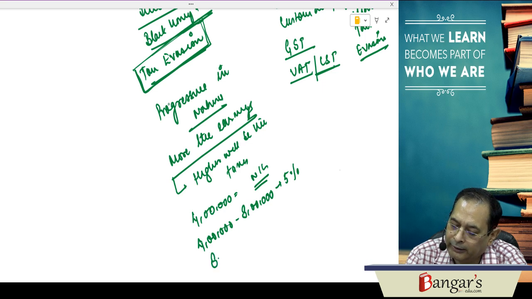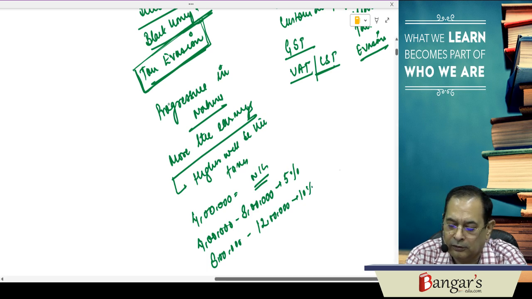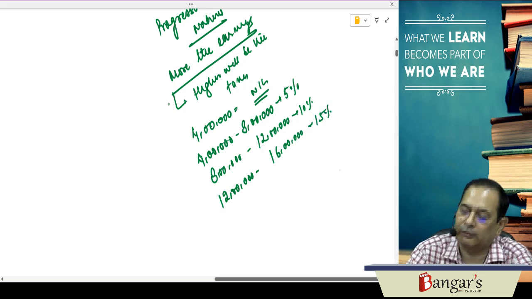From 8 lakhs to 12 lakhs, it goes to 10%. Then 12 to 16 lakhs, it goes to 15%.